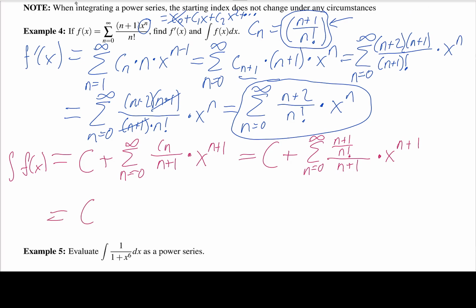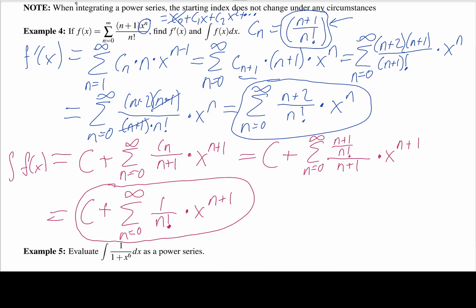So then this becomes c plus the sum from n equals 0 to infinity of, well, our n plus 1s would cancel out, so we'd be left with 1 over n factorial times x to the n plus 1. Okay, so that's our first steps in solving for integrals and derivatives of power series.